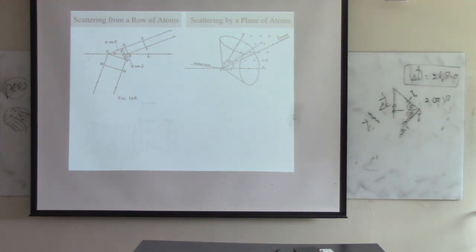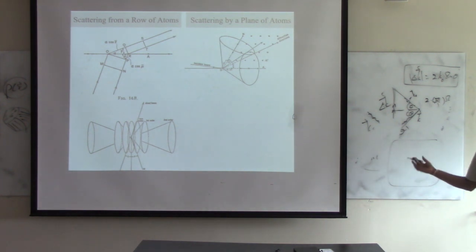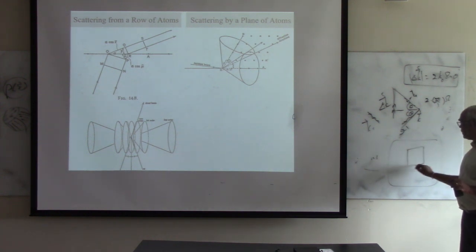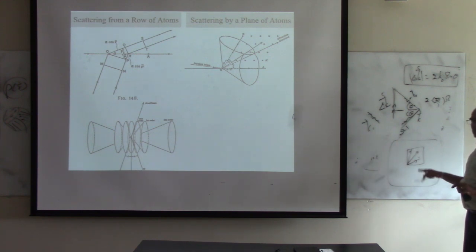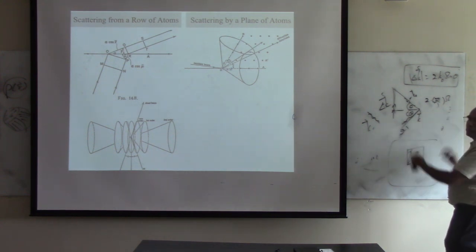So then how do we tackle this problem? Can you consider scattering happening from all the sample? What can you do? You just consider one unit cell. Okay? You just consider one unit cell. That unit cell has your basis atoms, right? You just consider only the scattering happening from one unit cell, then you can expand it to the entire crystal.